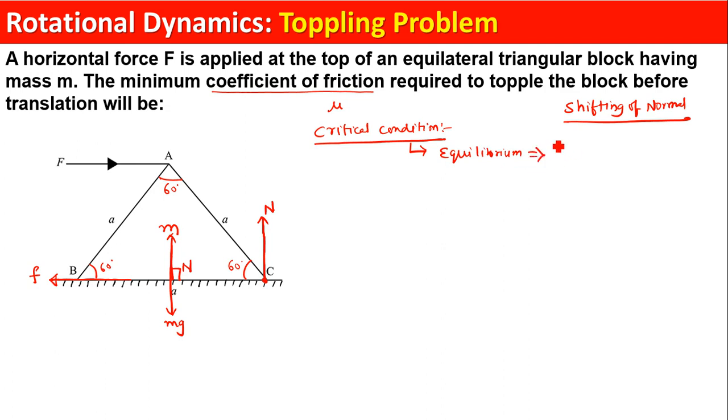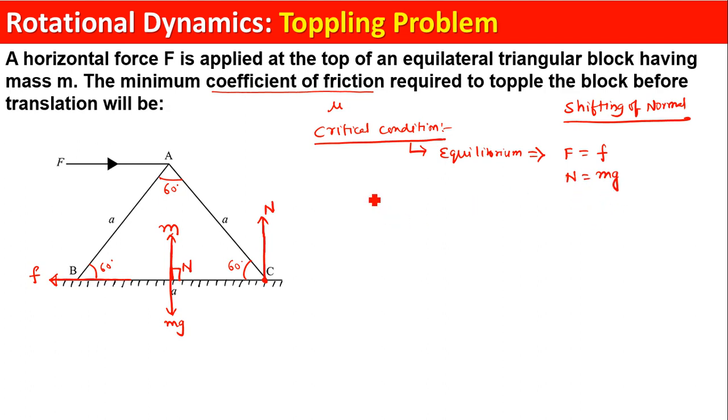The net force acting on the system is zero. All the horizontal forces balance each other: the applied force balances the frictional force. All the vertical forces, the normal reaction and mg, balance each other. Are there any other forces? No.